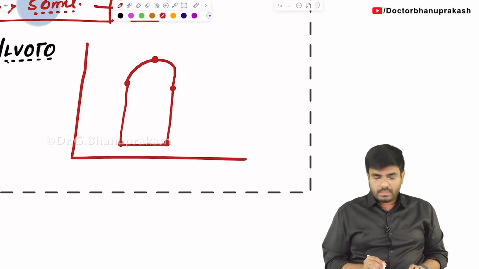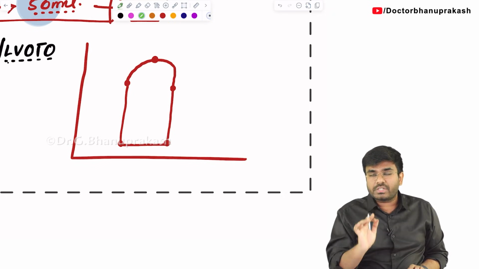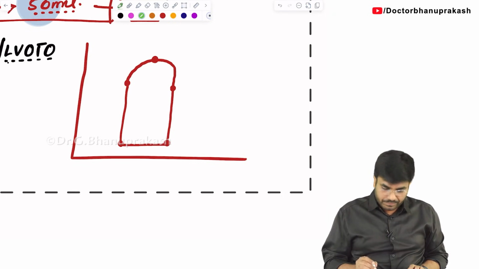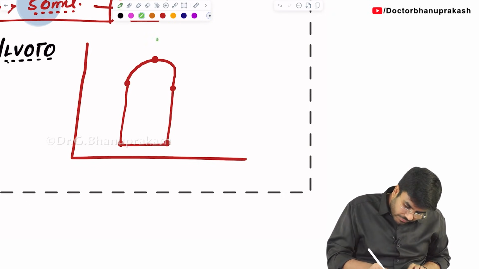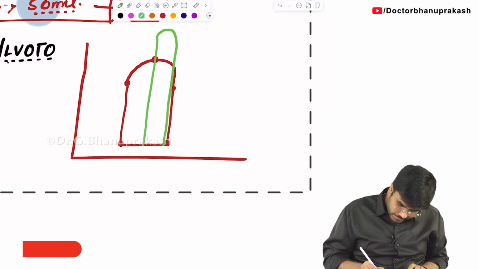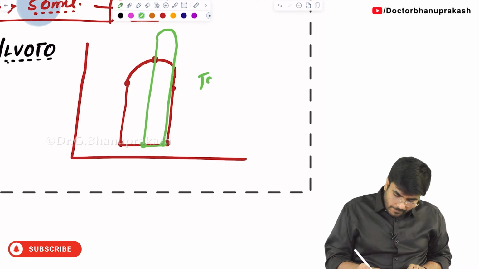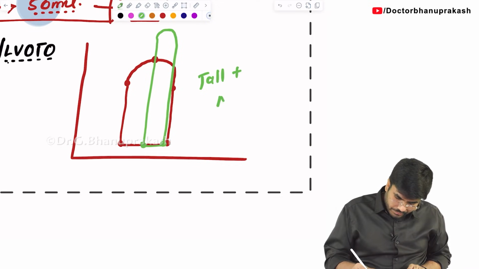Now tell me, what happens in the patient with aortic stenosis? Look carefully at what is happening. This is how the left ventricular pressure volume loop will look. This is how the loop will become. See, the loop became tall and narrow. Can you tell me why?